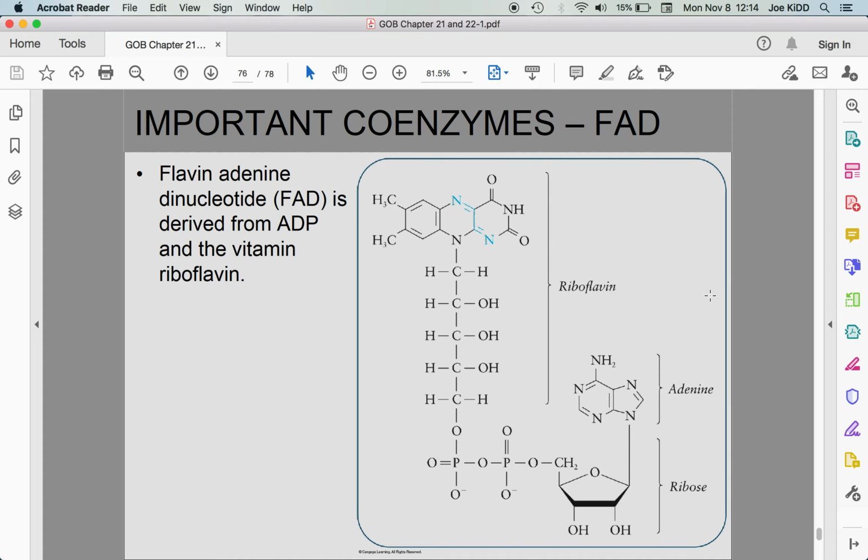Another important coenzyme that we're going to have is FAD, flavin adenine dinucleotide. Again derived from an ADP, but this time the vitamin is riboflavin. So here's the riboflavin vitamin. Here is our ADP down here.